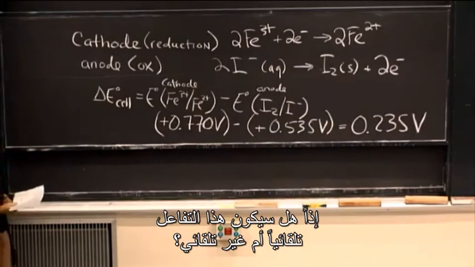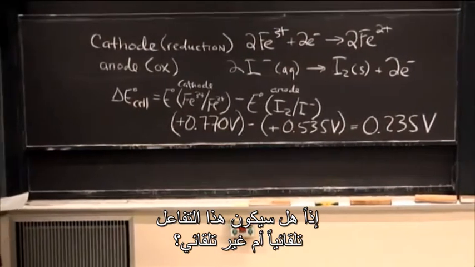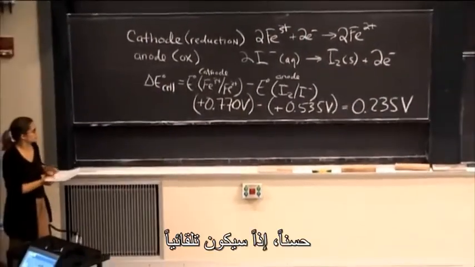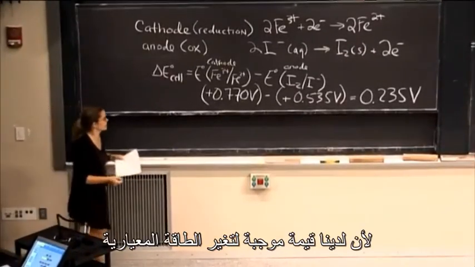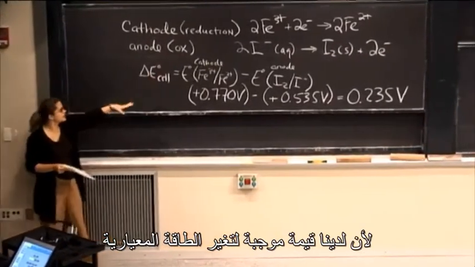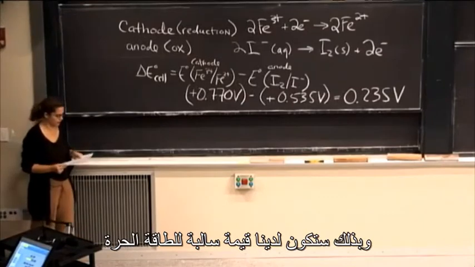So what would be true about this reaction in terms of it being spontaneous or non-spontaneous? Right, so it would be spontaneous because we have a positive value for delta E, so we'd have a negative value for delta G.